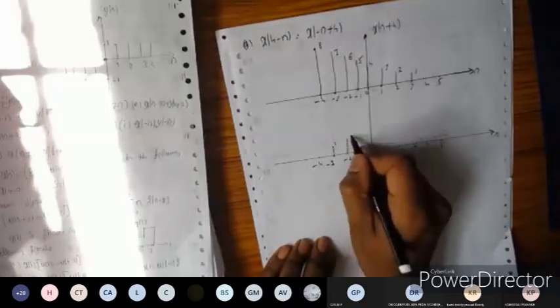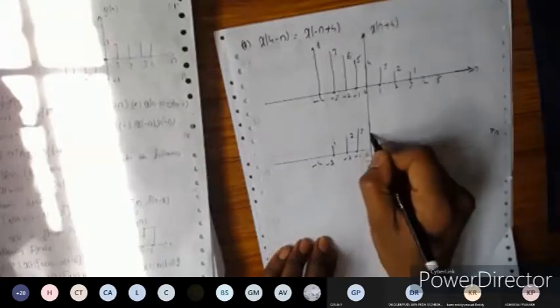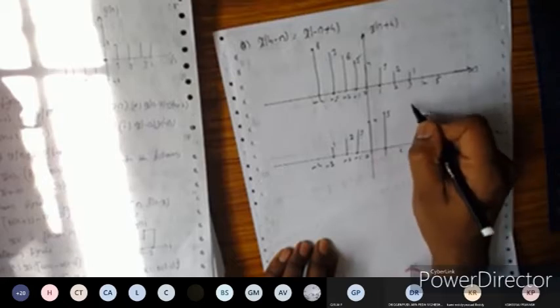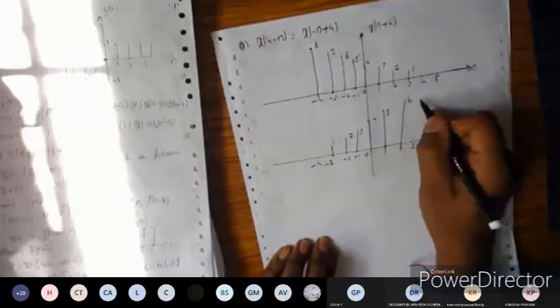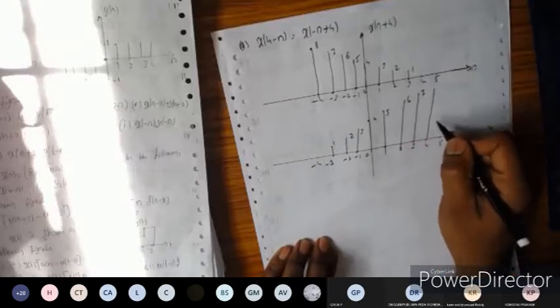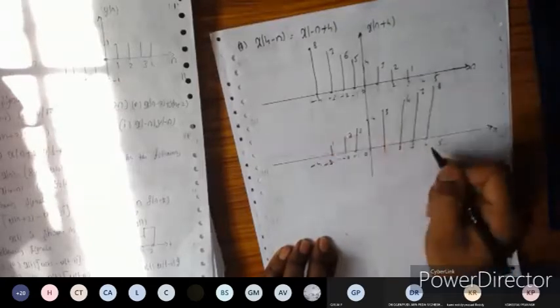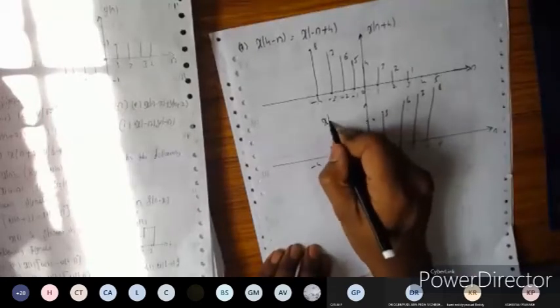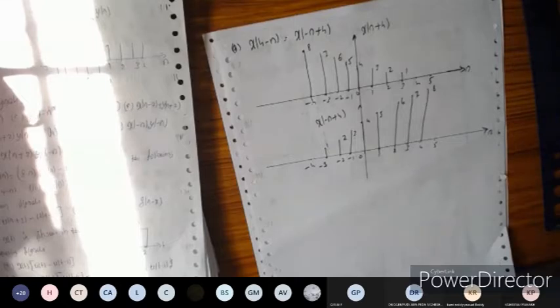Next 4, 5, the 6th one, the 7th one, and minus 4 will become plus 4, the eighth one. So this is x of minus n plus 4.